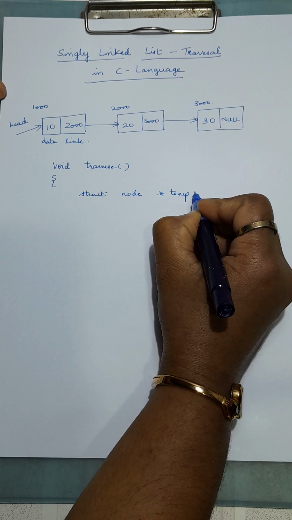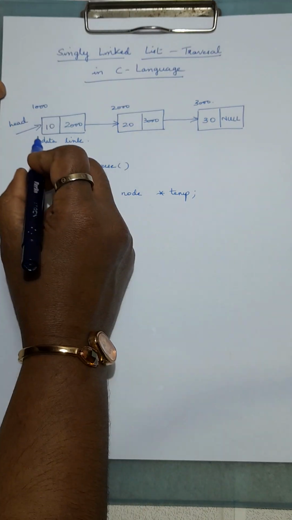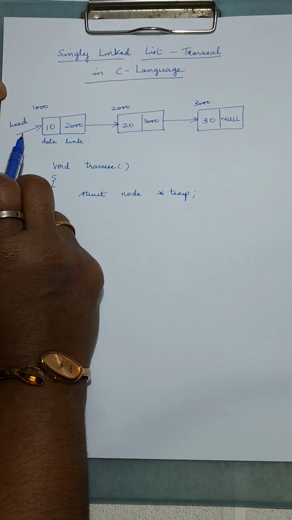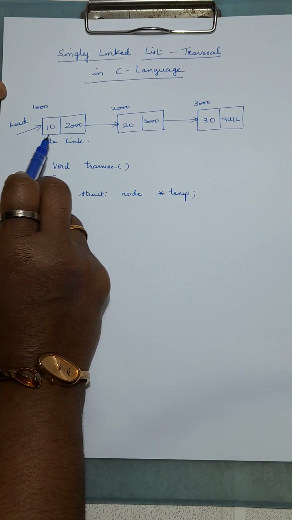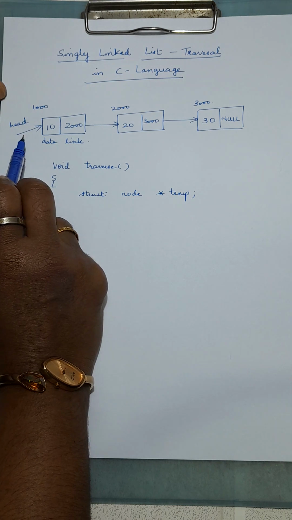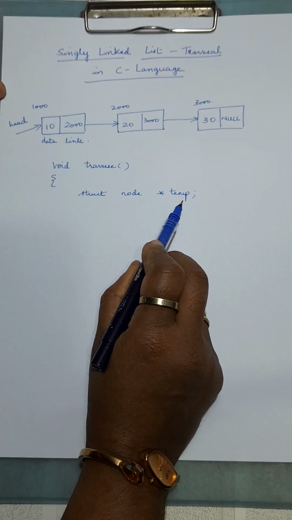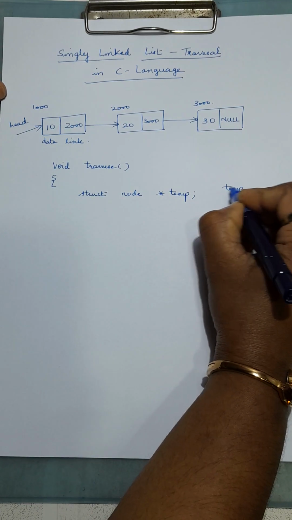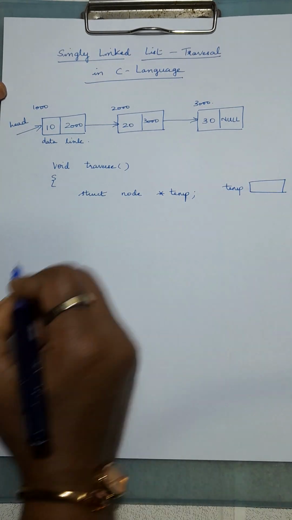I'm using one more temporary pointer variable in order to retrieve the values within the nodes. I'm not going to use the head pointer because I will lose the reference to the head. So I'll be using one more pointer variable called temp. After this line, temp will be declared with no value inside.